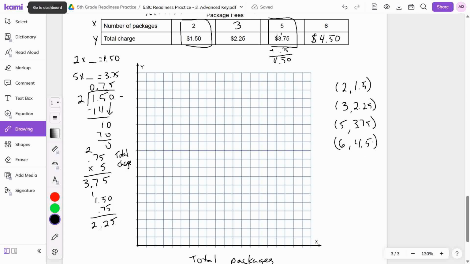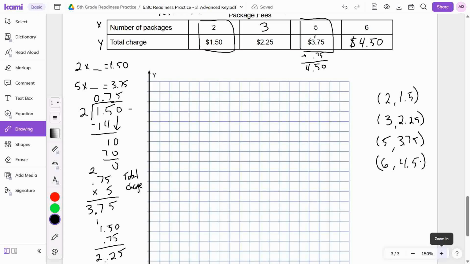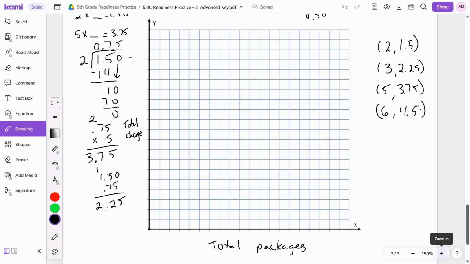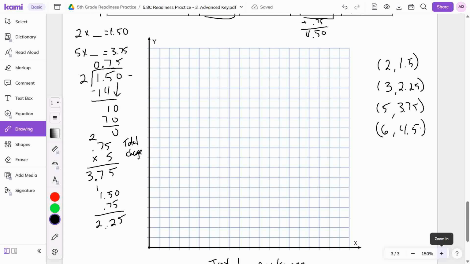Now, I have a lot of decimals, including that 3.75, so I'm going to make a choice on the scale, because no one says what it has to be. Typically, we would count by ones. But what I want to do is count every other line by 1. So really what I'm doing is creating a scale of 0.5.